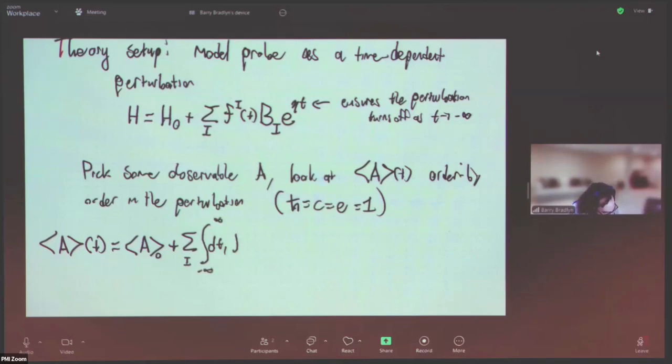We have f of t prime, and then we can have some general function, which I'll call chi1. I'll index it by a and I. It can depend on the time that we're evaluating the average of A at. It can depend on the time that we're evaluating F at.